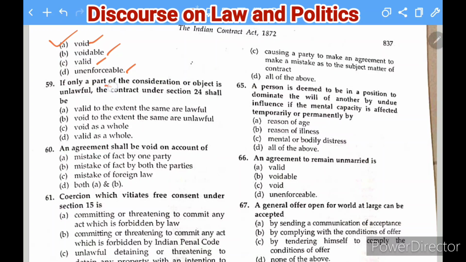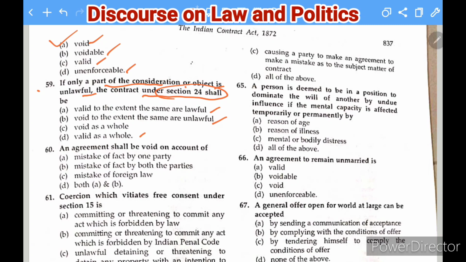Moving to the next question, if only a part of the consideration or object is unlawful, the contract under section 24 shall be valid to the extent the same are lawful, void to the extent the same are unlawful, void as a whole, or valid as a whole. What is the right answer here?